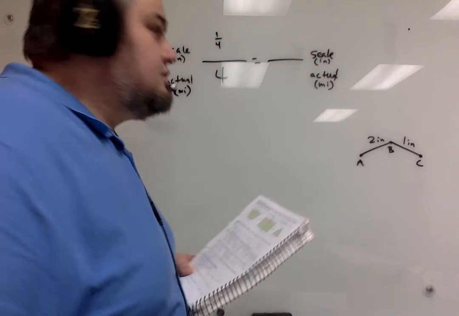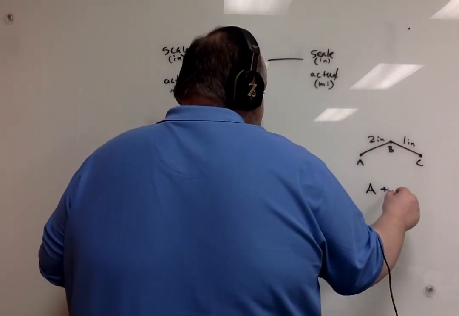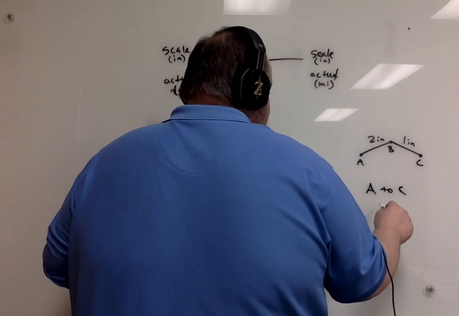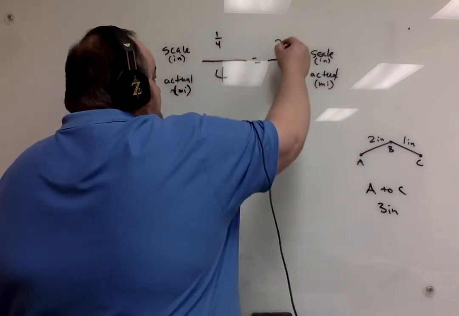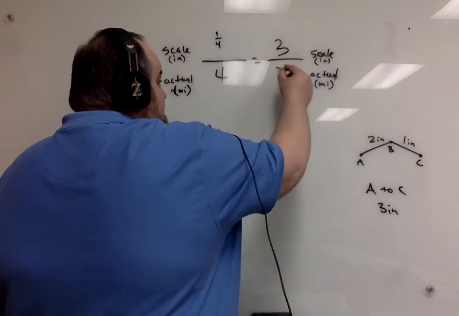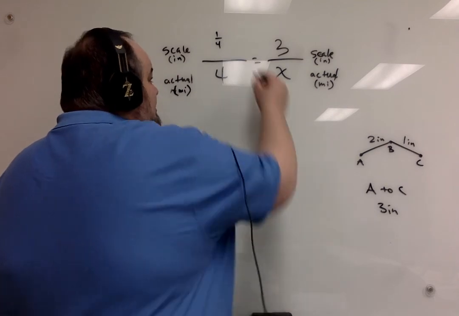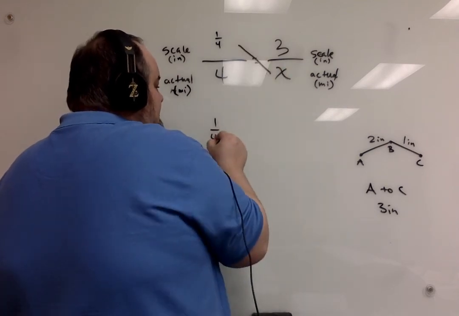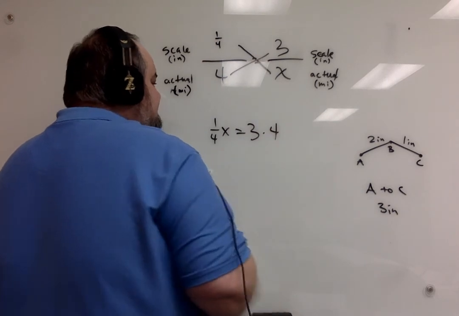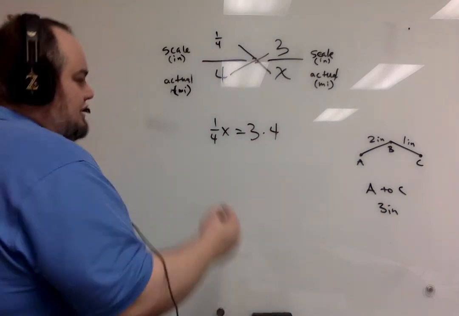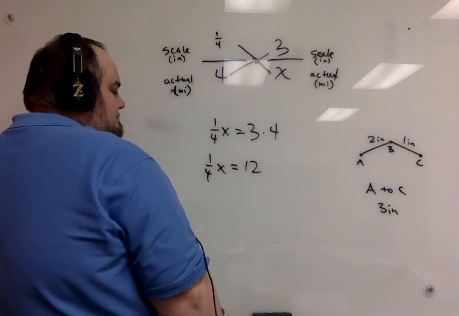So that means that the total from A to C will be 3 inches on our scale drawing. So 3 inches on the scale. We don't know what the actual is yet. And then we multiply. So 1/4 times x equals 3 times 4. So we get 1/4 x equals 12.